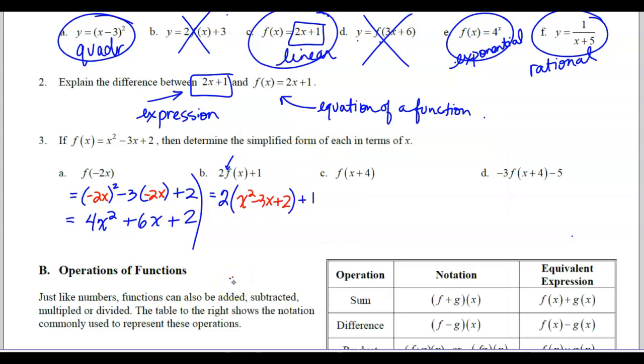Okay, so you're not replacing x with anything. You're multiplying whatever f of x is by 2 and then adding 1. And then collect any like terms.